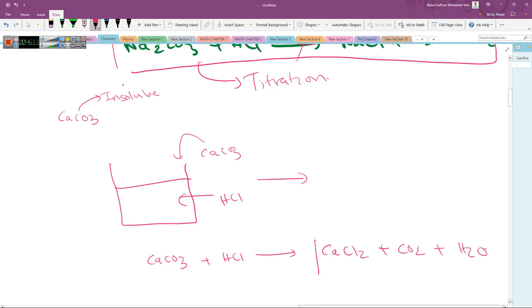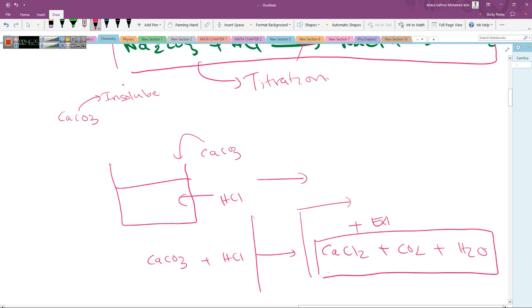So ultimately we have only these. After the reaction has finished, we have extra calcium carbonate. Why? We use excess amount, more than what we require. So the remaining amount after the reaction has finished will be in the container even after the reaction.